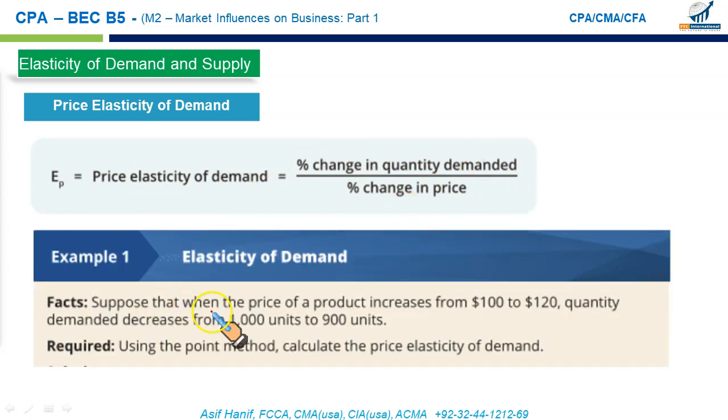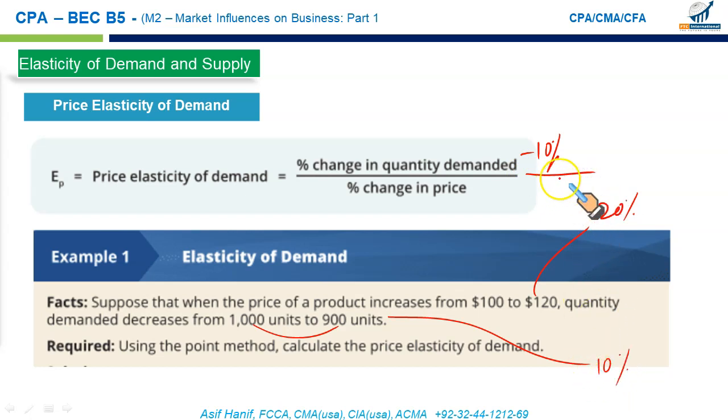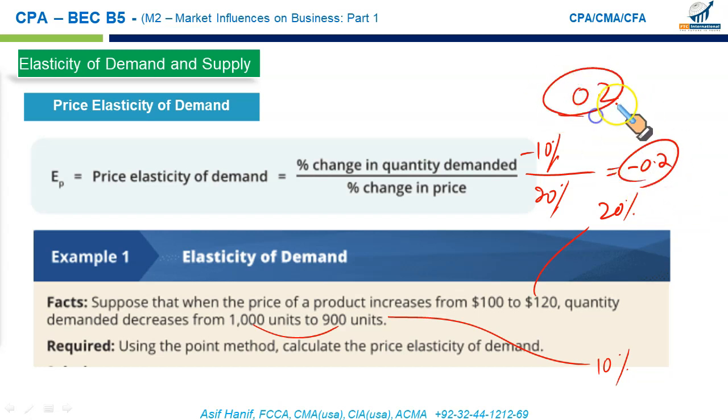Suppose that when the price of a product increases from 100 to 120, indicating a 20% increase, quantity demanded decreases from 1000 to 900, so that's about a 10% decrease. So the percentage change in quantity demanded is 10% negative, there is a reduction, and the increase in price is 20%. If you simplify, the result is negative 0.2. In absolute terms, it's 0.2. So elasticity of demand is 0.2.